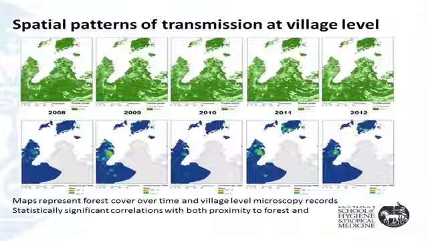And so one of the first things we did was we collated village level malaria incidence data from microscopy records in the area for which we had the land cover data.